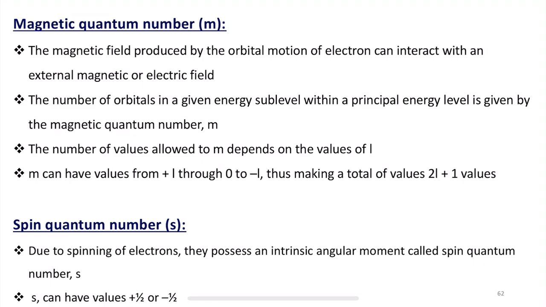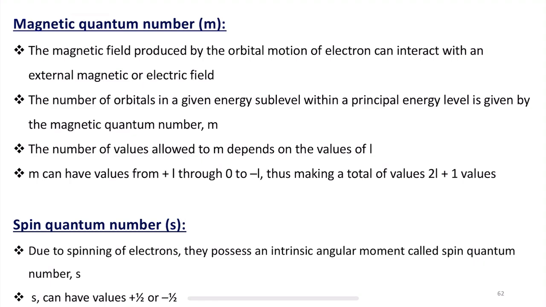The value of S, that is the spin quantum number, offers insight into the direction in which the electron is spinning, and the possible values of the electron spin quantum number are plus half and minus half.